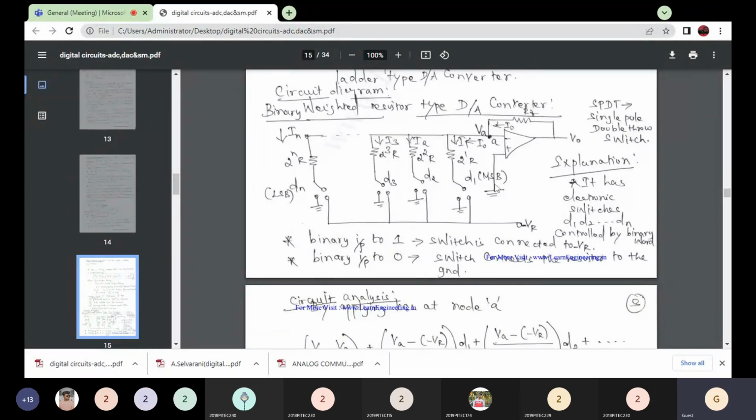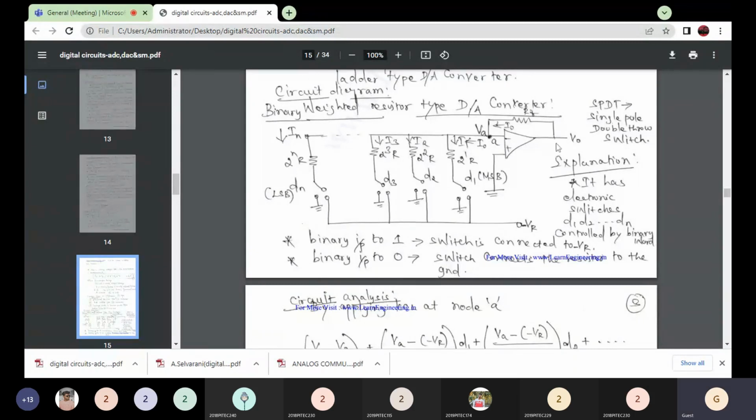Since the non-inverting terminal is grounded, whatever voltage is at the non-inverting terminal should be present at the inverting terminal. So this node acts as a terminal as well as a virtual ground. So here we have V0.